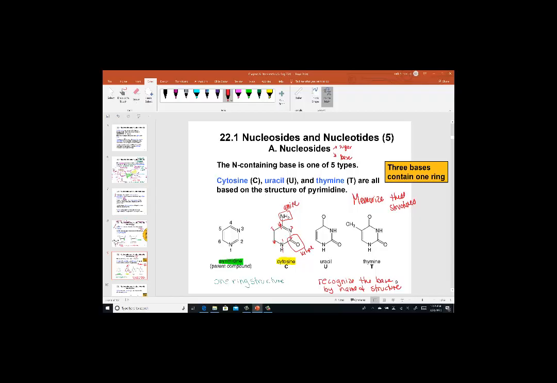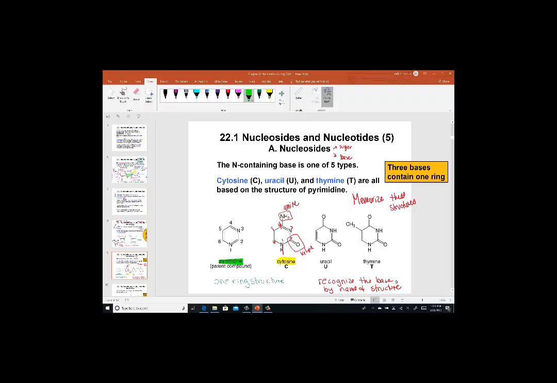Now remember, this would be the site of attachment to the sugar. The nitrogen is going to attach to the sugar at the anomeric carbon, carbon number 1. If you see a nitrogen-containing base where it has a ketone functional group at carbon 2 and the amine group at carbon 4, that's your cue that that base is going to be called cytosine.